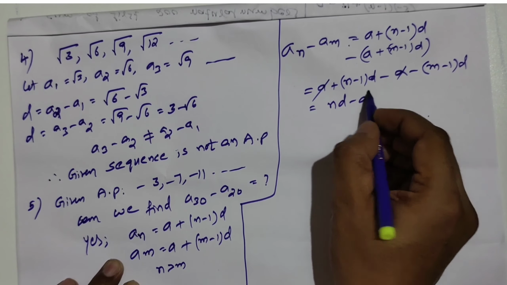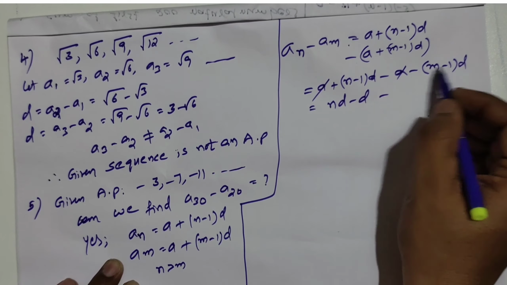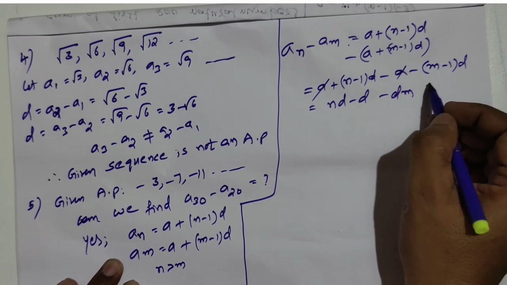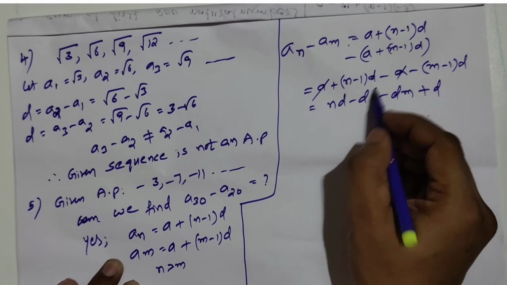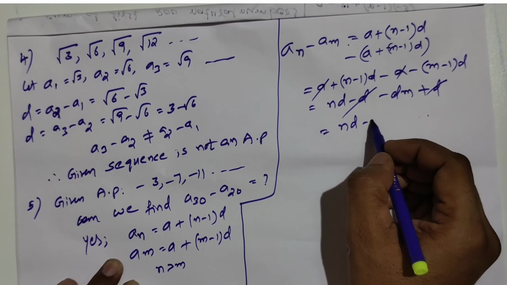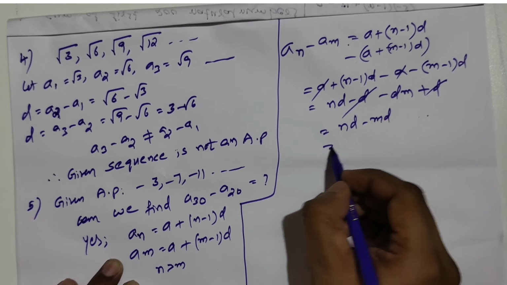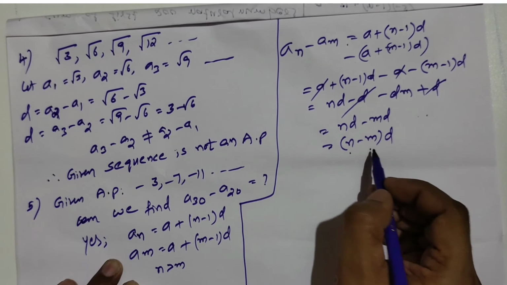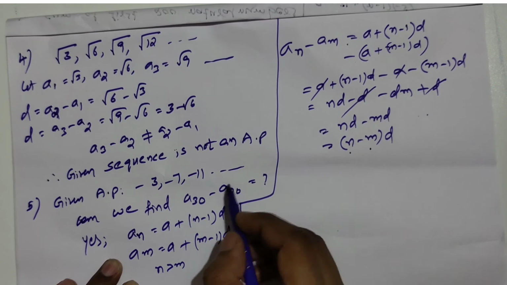Here nd minus d, and here minus dm, plus d. So d also gets cancelled. We get nd minus md, that is n minus m into d, where n and m denote the number of the terms.